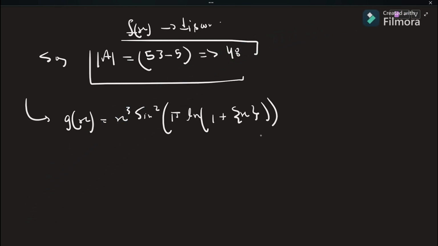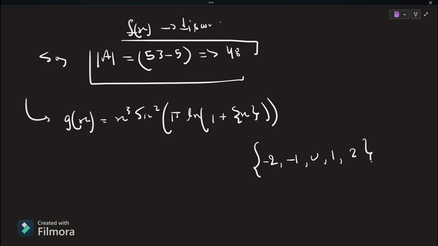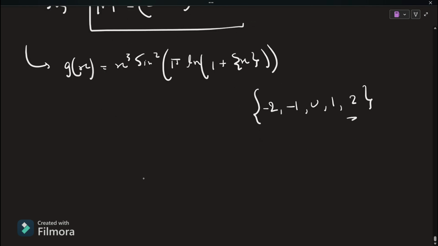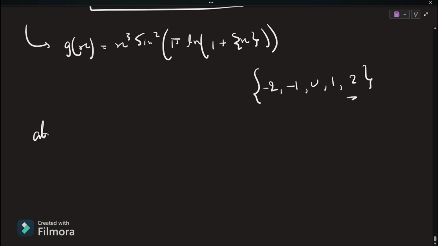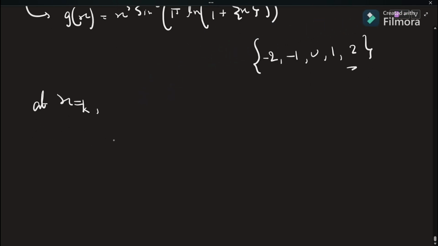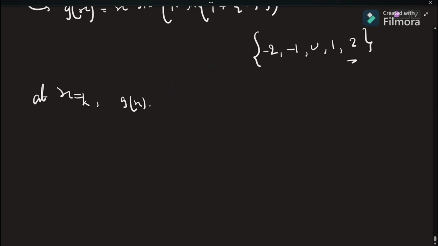Now let's check it in this way. कौन से पॉइंट्स में चेक करना, -2 -1 0 1 2, इन पे भी चेक करना पड़ेगा. एट x इक्वल्स टू k पे क्या हो जाएगा, जो g of x होगा वो हो जाएगा k cube sine square of pi of ln 1 plus 0 which is 0.